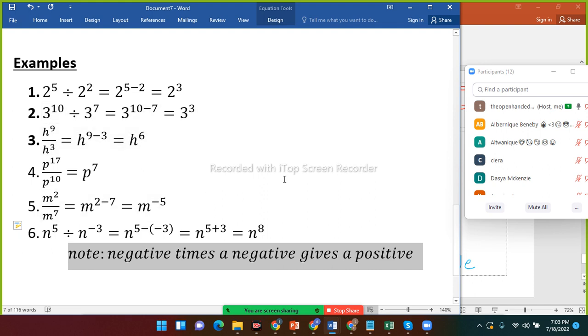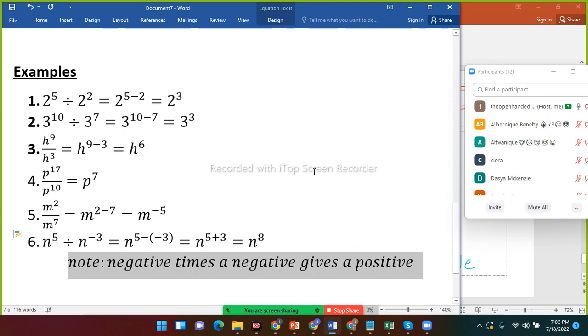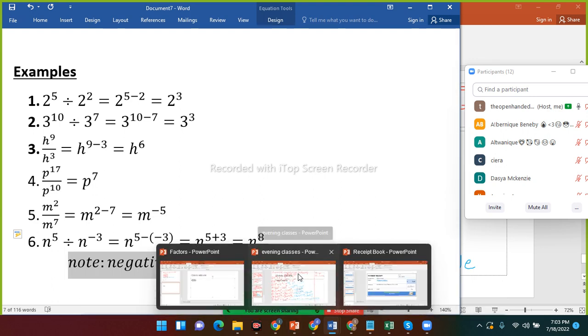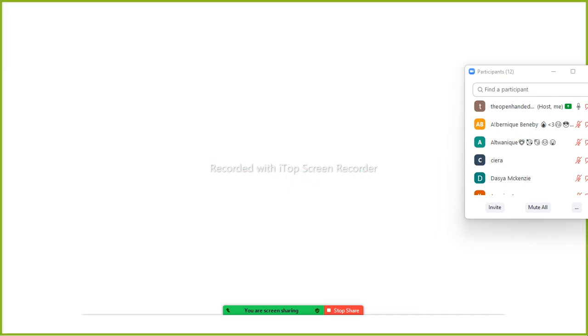All right, so let us begin the practice questions. Remember, same base, dividing, we subtract. So always remember that.